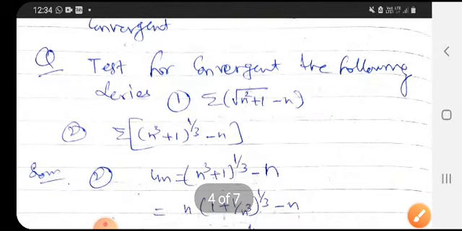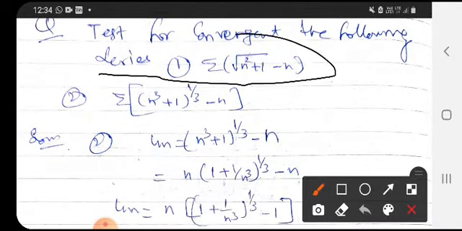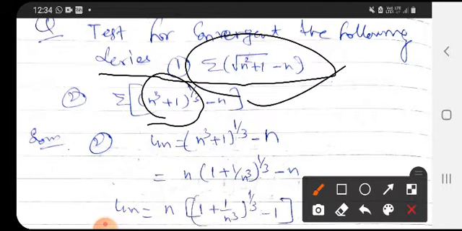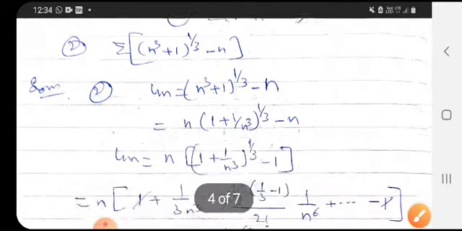Test for convergence the following series: summation of under root n, the quantity n cube plus 1 whole to the power 1 by 3 minus n. This is the un for this question. Taking n cube common we get n outside, and taking n common we see this form.